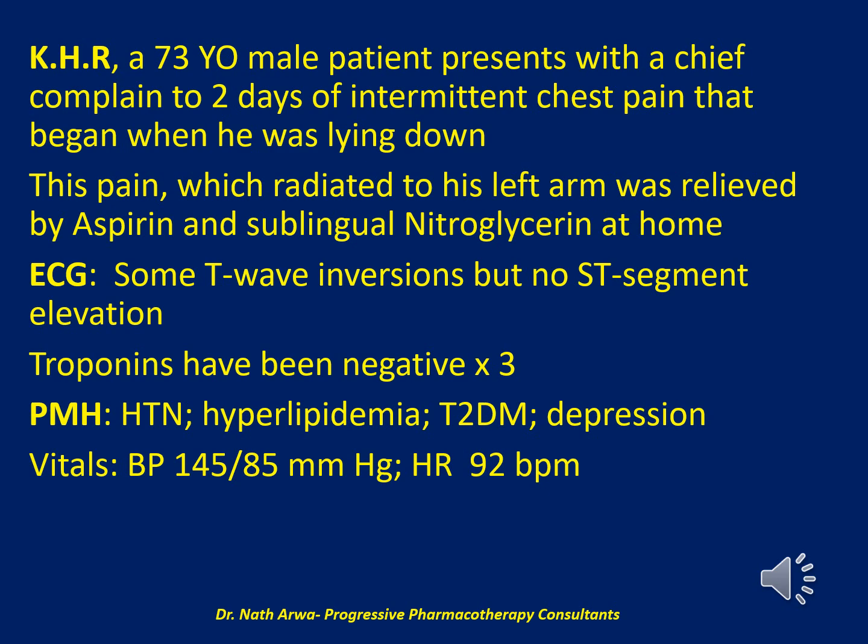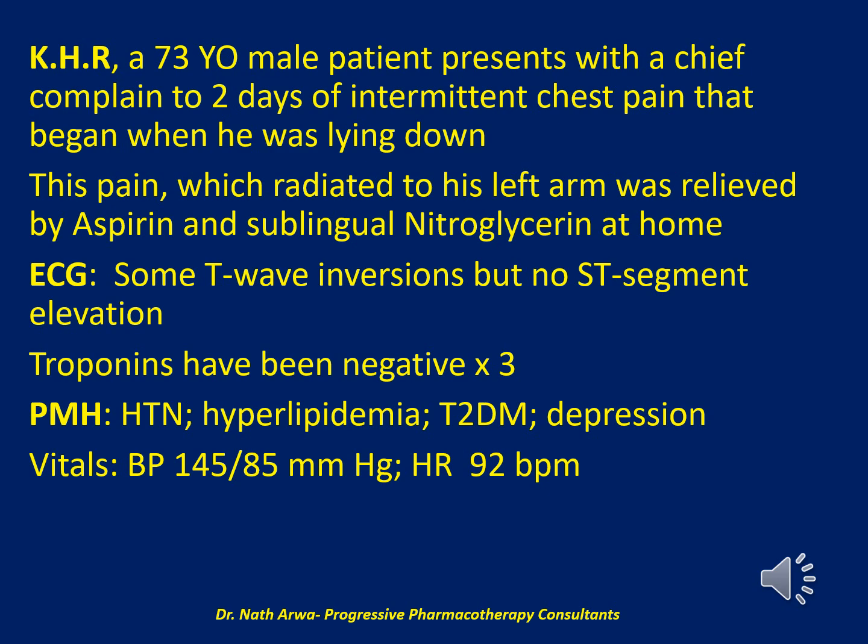And the next question reads, KHR, a 73-year-old male patient presents with a chief complaint of 2 days of intermittent chest pain that began when he was lying down. This pain, which radiated to his left arm, was relieved by aspirin and sublingual nitroglycerin at home. His ECG shows some T-wave inversions but no ST segment elevation.